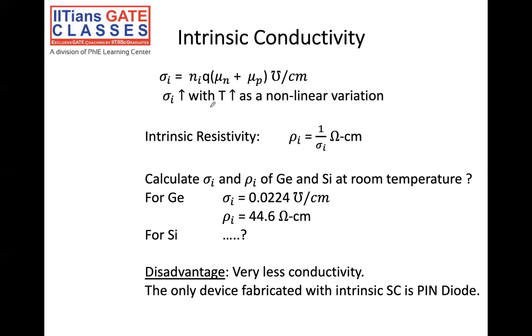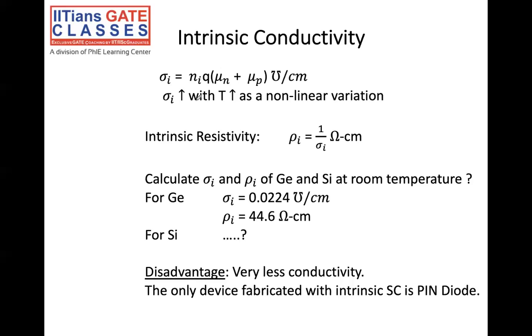Sigma I increases with T, increases as a non-linear variation, because Ni varies with temperature non-linearly, and sigma I is directly proportional to Ni. So sigma I varies with temperature as a non-linear variation.